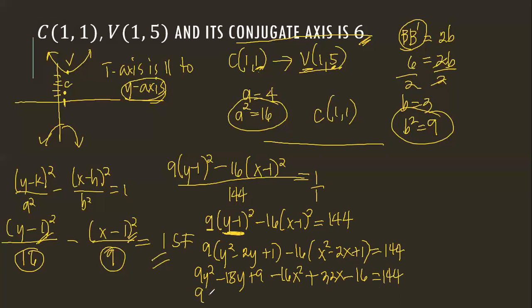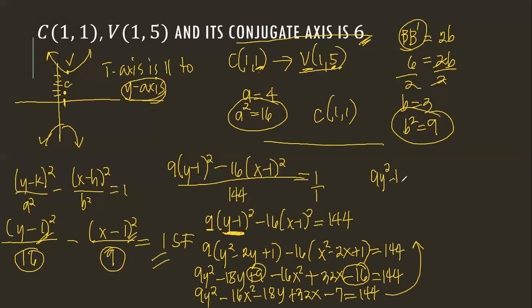Combining like terms, we have 9y squared minus 16x squared minus 18y plus 32x. And then 9 minus 16, that is negative 7, equals 144.